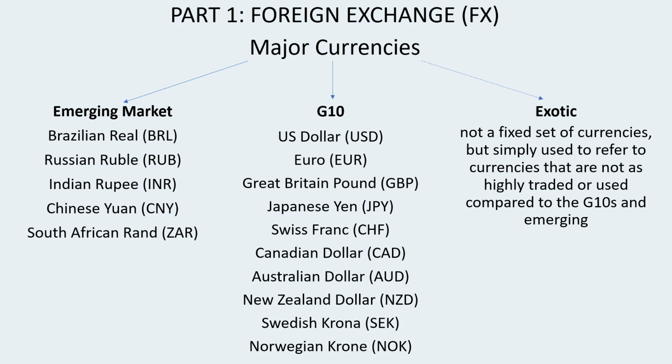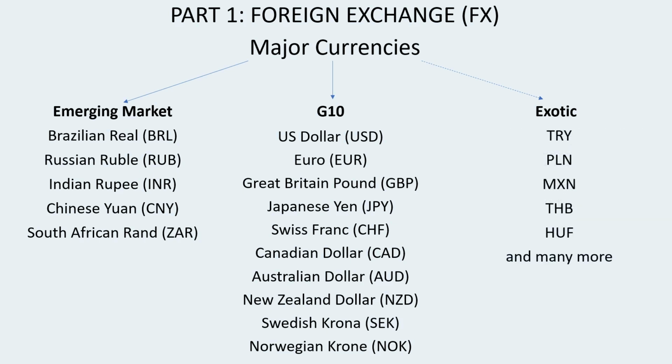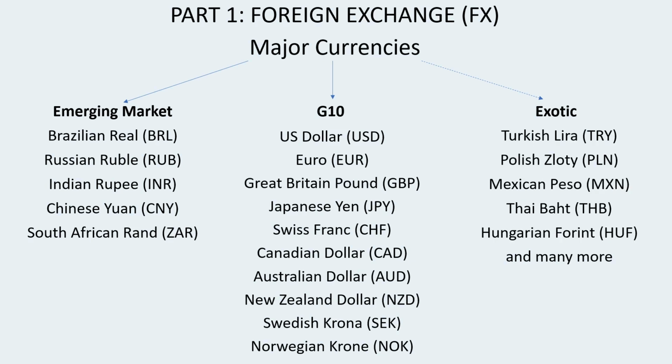So some of the more well-known ones include the TRY, PLN, MXN, THB, and HUF, and these are the names: Turkish lira, Polish zloty, Mexican peso, Thai baht, Hungarian forint, and many more. So due to the sheer number of exotics, I will not be covering them one by one, and we will take them as we go along.